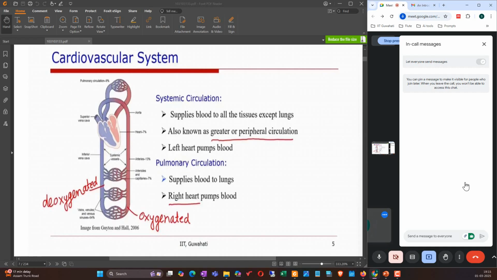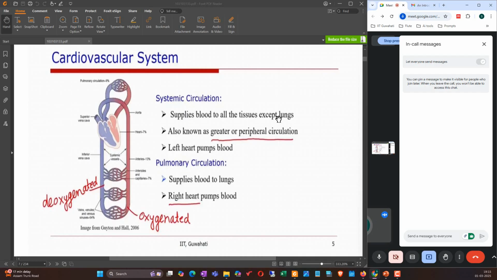Let me make it easy. Suppose this is systemic circulation. First, look at pulmonary circulation. What does pulmonary circulation do? It supplies blood to the lung.